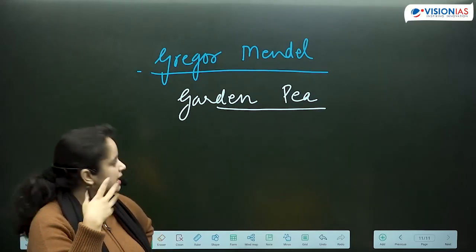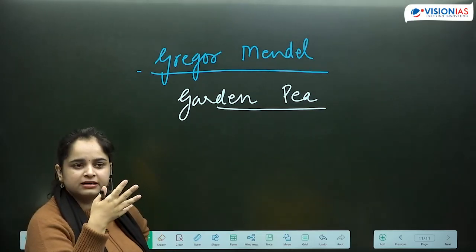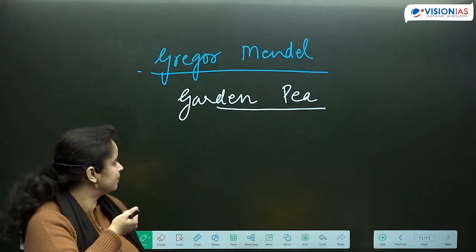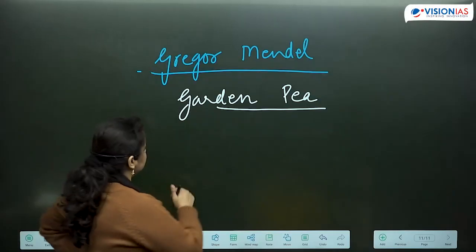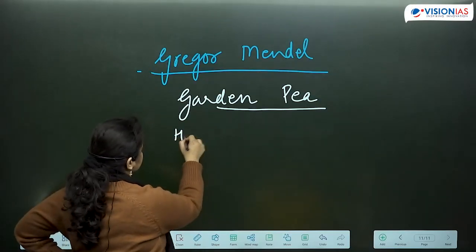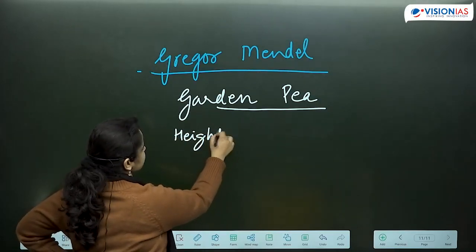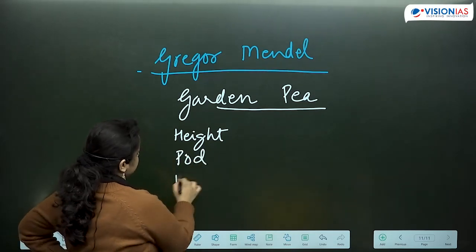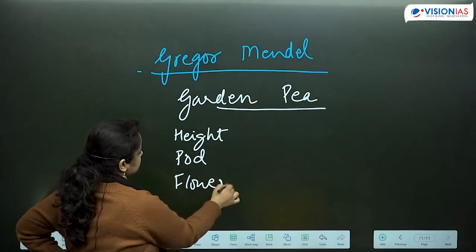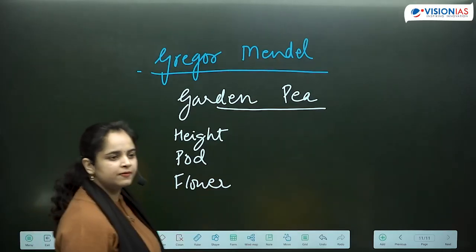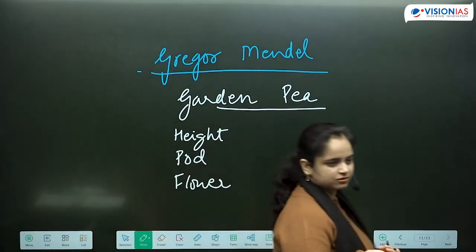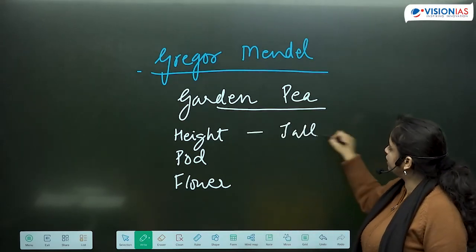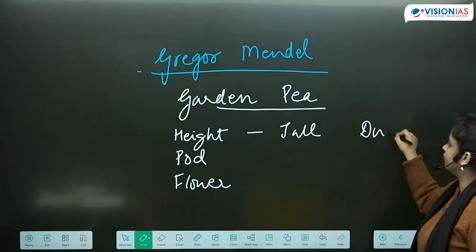The success of Mendel's experiment actually lies in the choice of this plant also, because for garden pea, when he started checking for different characteristics or different features of this plant, he found there were only two variations. If he looked for height, there was only a tall plant or a dwarf plant.